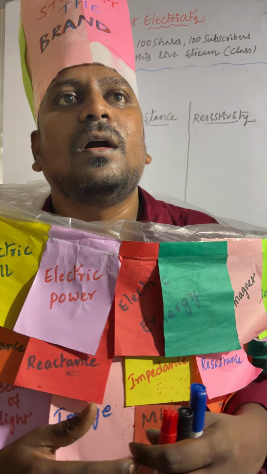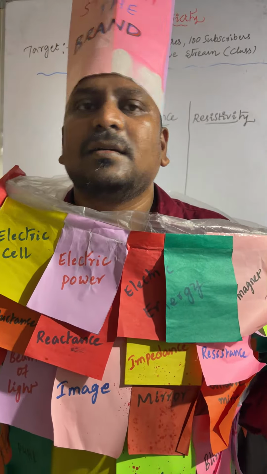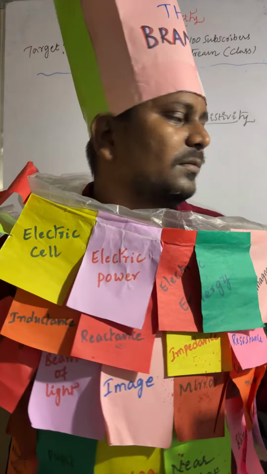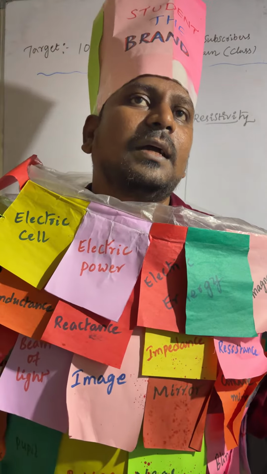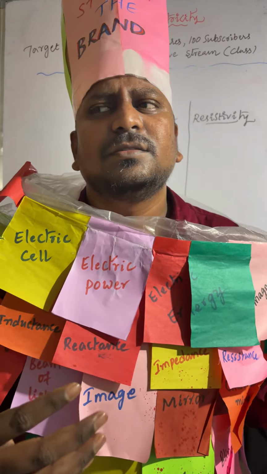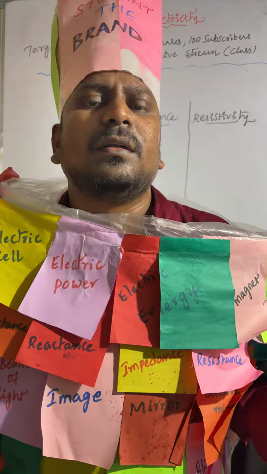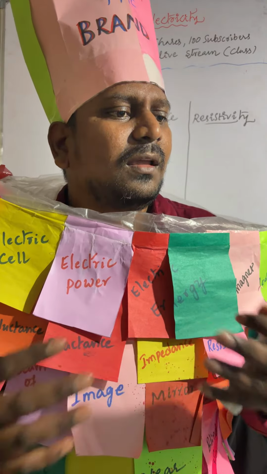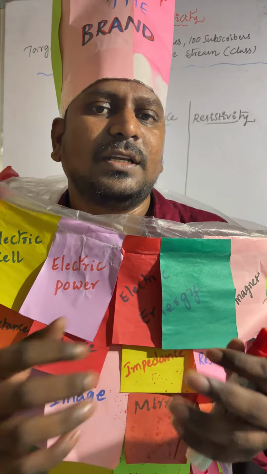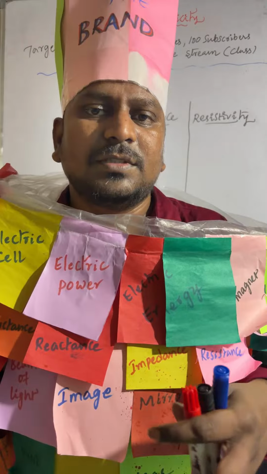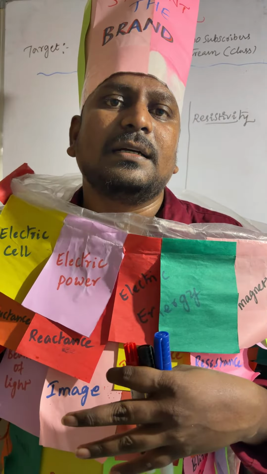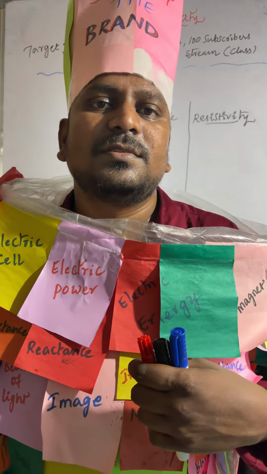So normally, if you want to go on vacation, like a field trip or something like that, your parents will stop you. They will say it is not the right time. Now exams are going on, now it is preparation time, you have to prepare concepts.